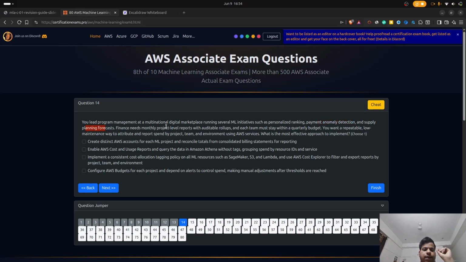Finance needs a monthly project-level report with auditable roll-up, and each team must stay within a quarterly budget. You want a repeatable, low maintenance way to attribute and report spend by project, team, and environment using AWS services.